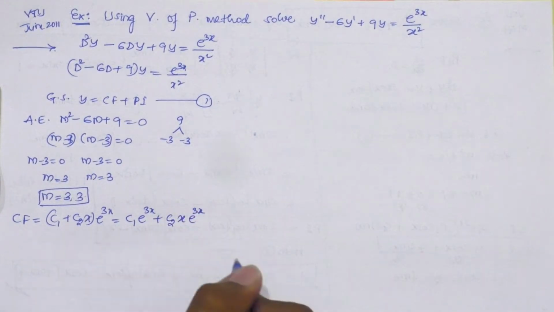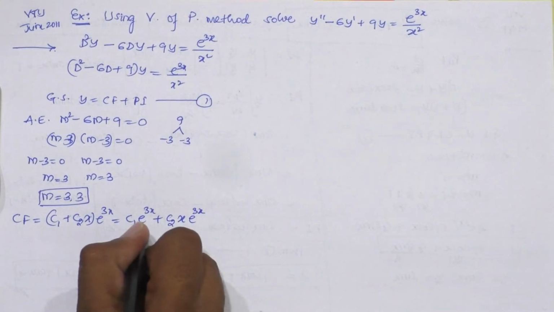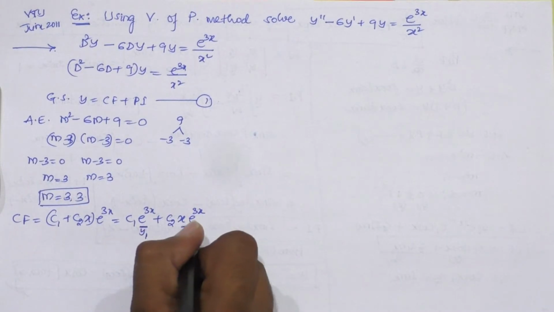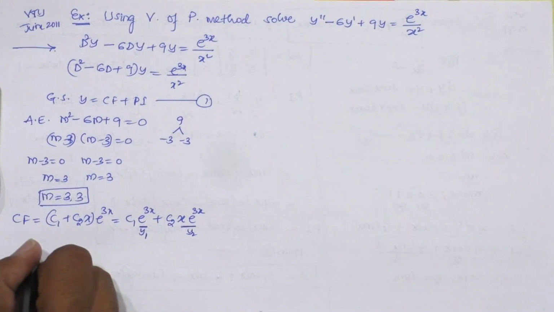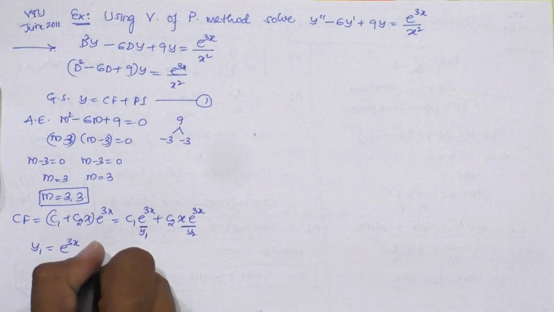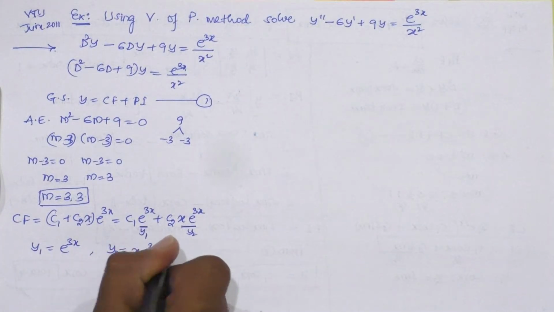When you look at this, the multiple of C1 is called y1 and the multiple of C2 is called y2. So identify that: y1 is e raised to 3x, y2 is x e raised to 3x.